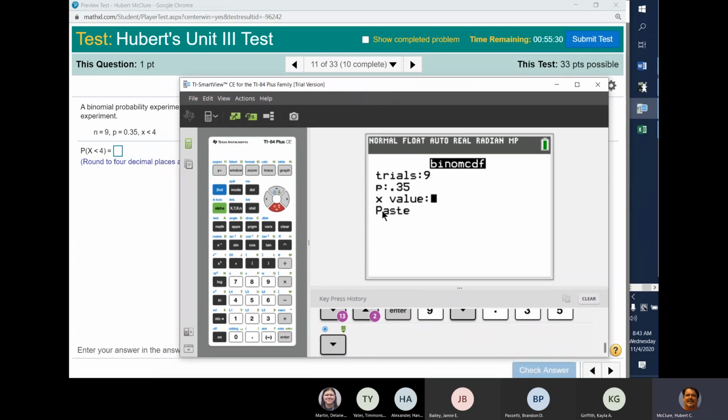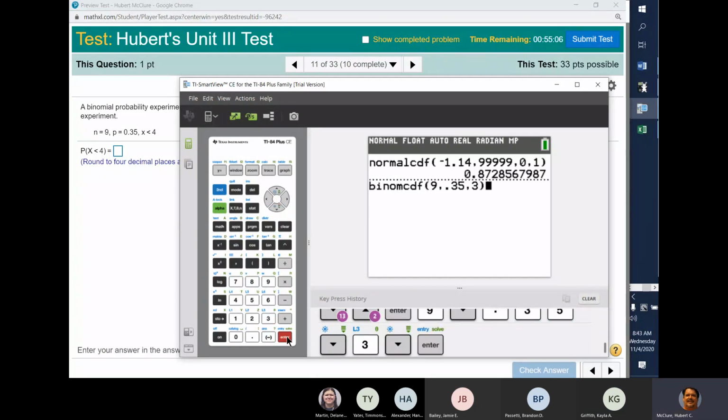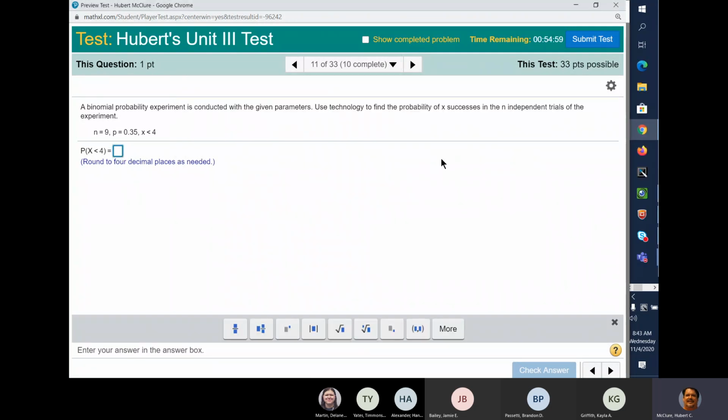What number am I going to type in for X value? A number less than 4? Does it have to be? Which is what? 3. And paste. And that's going to be 0.6089.